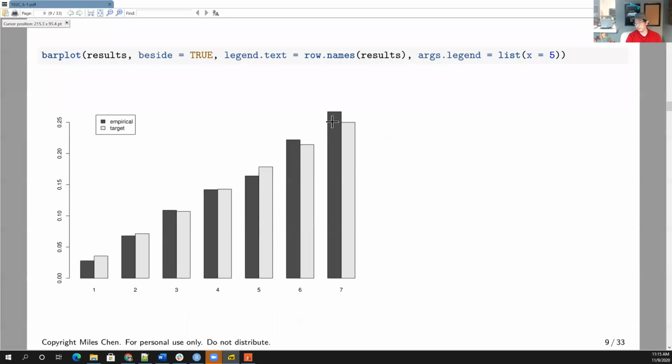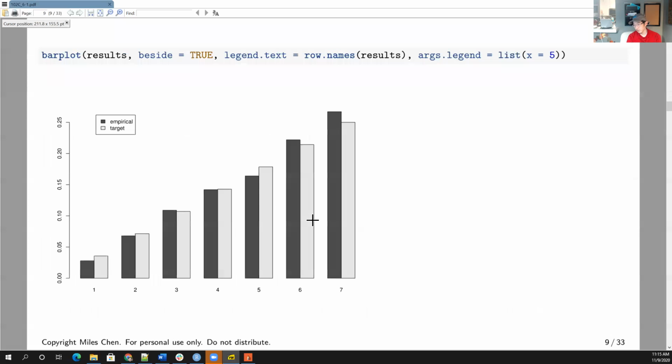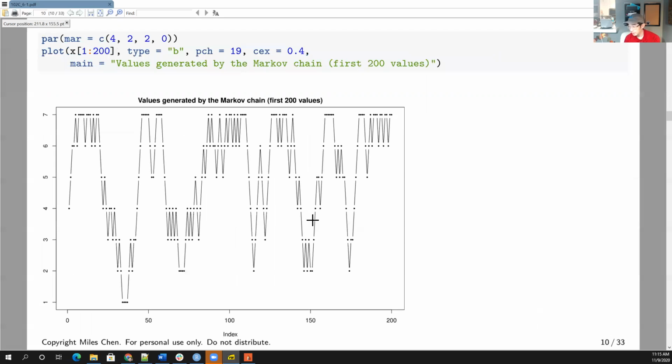We see fairly close alignment. It's not perfectly the same height, but we're getting something fairly close. So that looks pretty good, and the differences we're seeing are nothing to worry about. And here is what the Markov chain looks like.